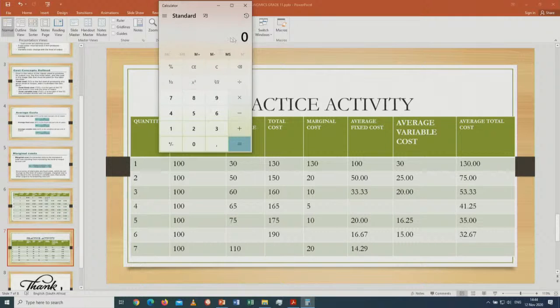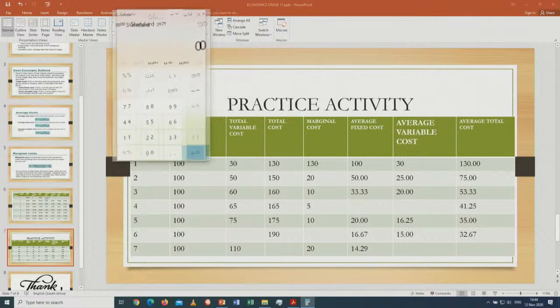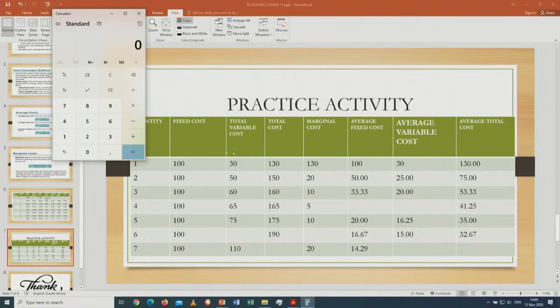We're looking at the average variable cost. Where is our total variable cost? Okay, let's start with the fixed cost first. Where is the fixed cost? There is the fixed cost. The fixed cost is 100.